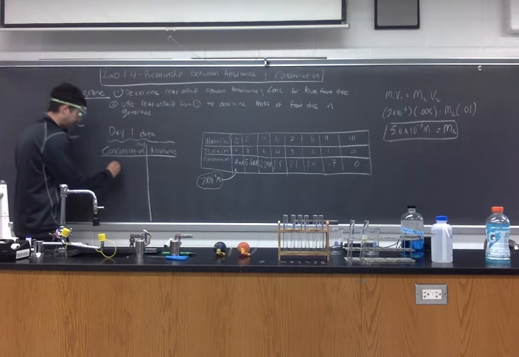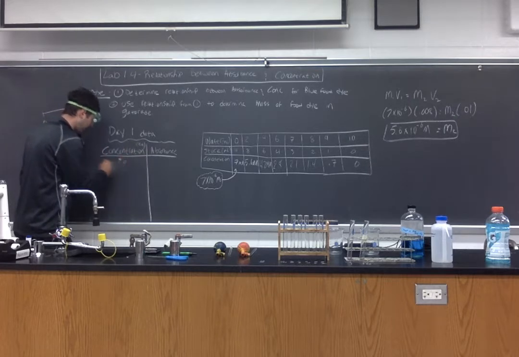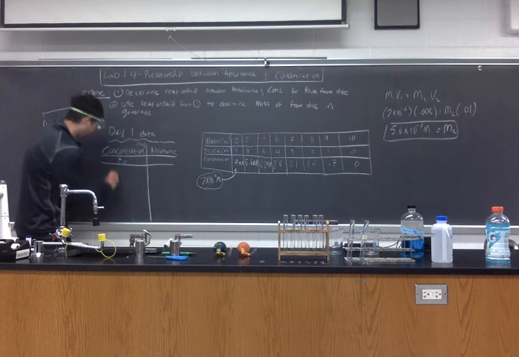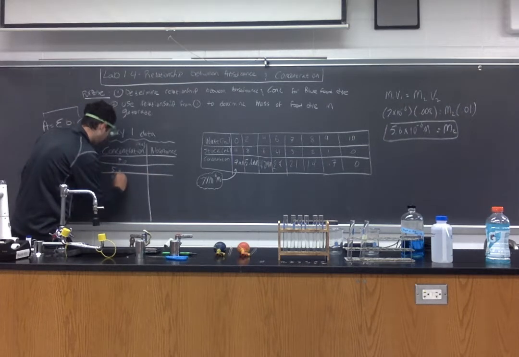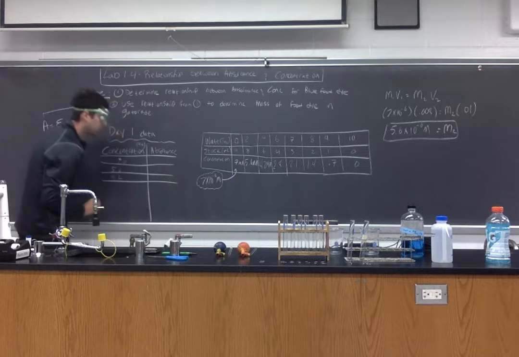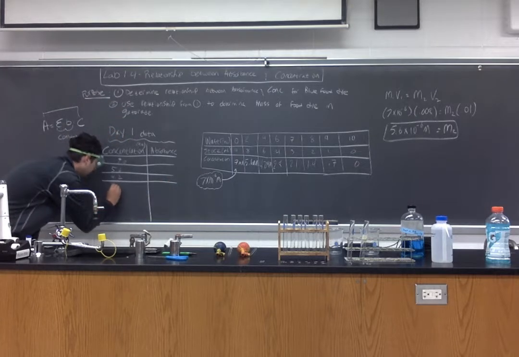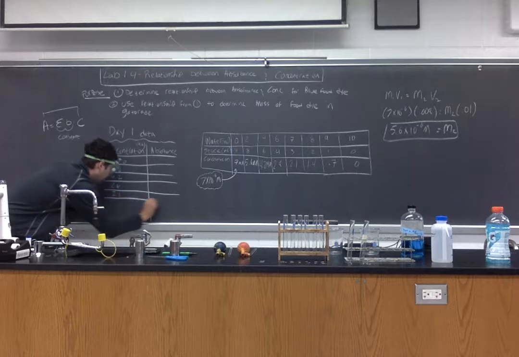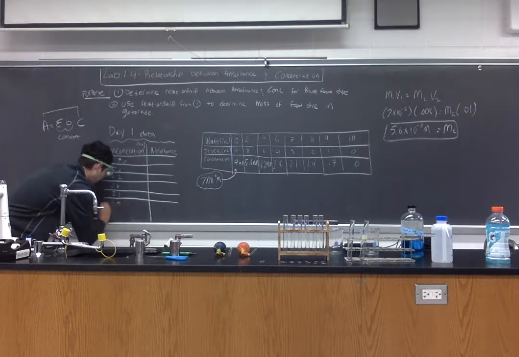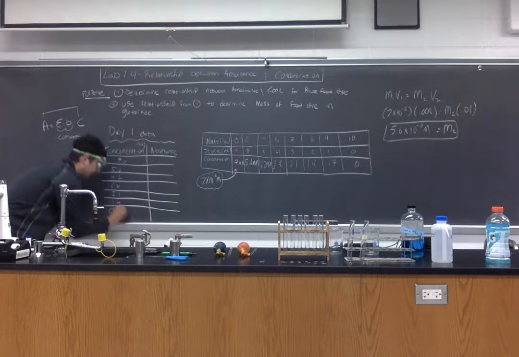So I can simply say this is going to be 7.0, 5.6, 4.2, 2.8, 2.1, 1.4, and 0.7.